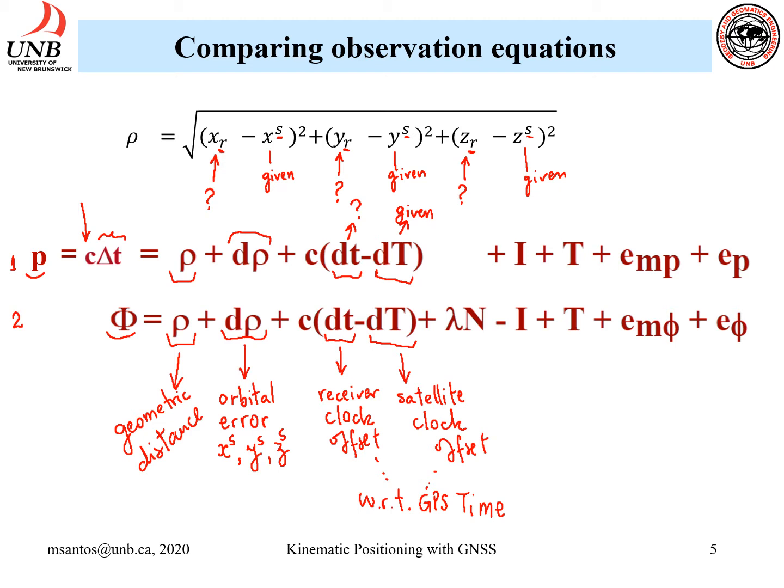Now we have the remaining terms in the pseudo-range equation. I is the ionospheric delay, which will have to be estimated, eliminated, or modeled.